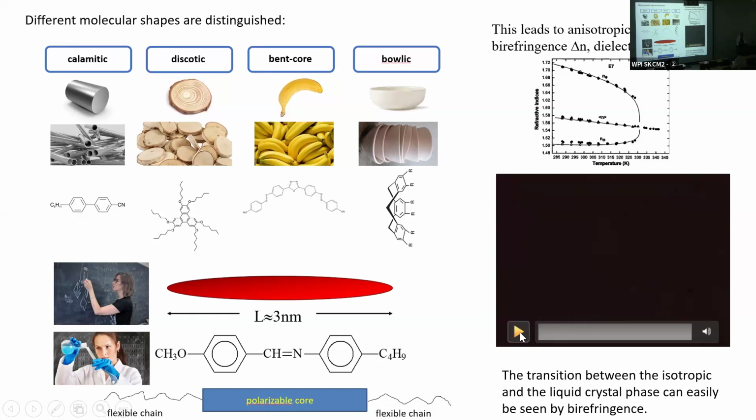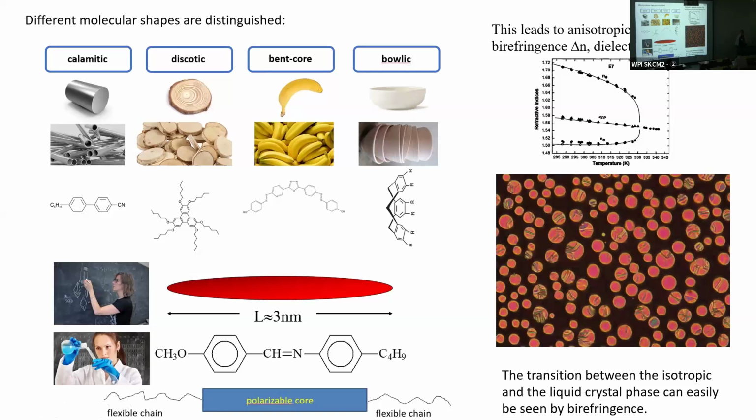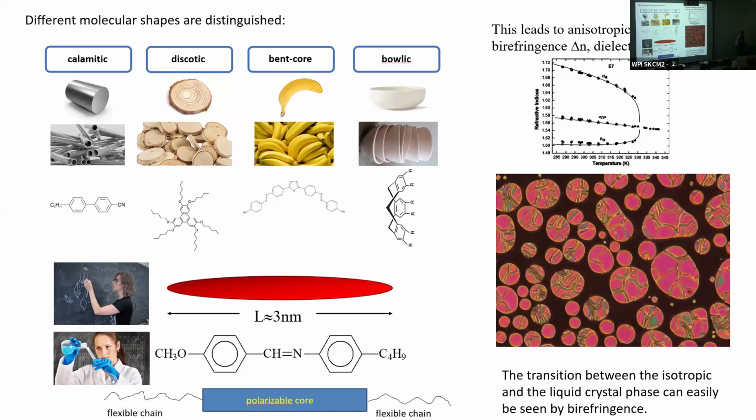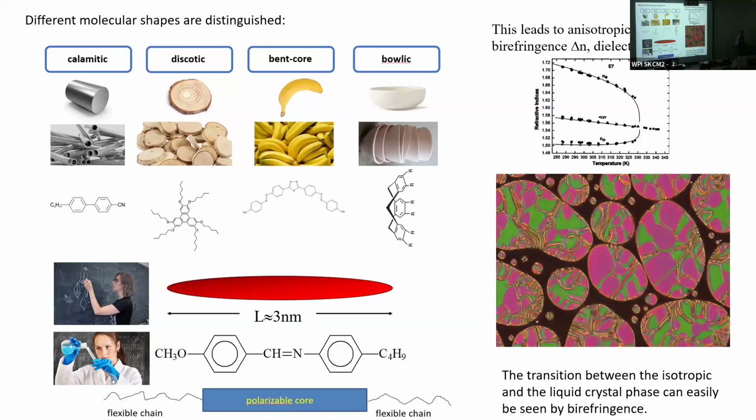When you cool it down, there will be the liquid crystal forming, which will be bright because there's birefringence. So this is basically the transition to a liquid crystal phase from the isotropic. So the black part is the isotropic. This is not quite finished yet, but the black part is the isotropic, and the colorful bits are the liquid crystal.